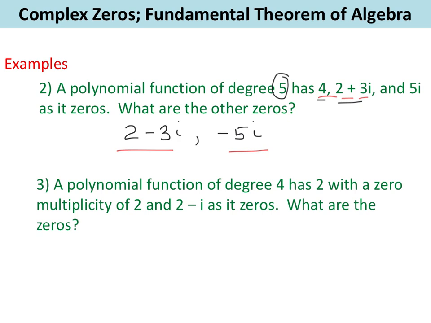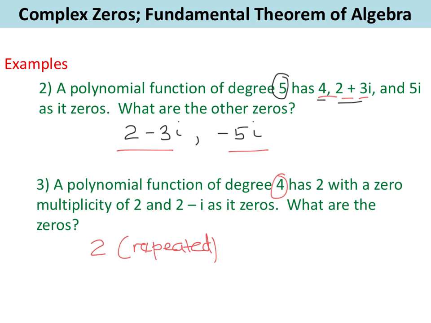Let's look at another example. A polynomial function of degree 4 has 2 as a zero with a multiplicity of 2, and we are given 2i as its zero. What are the other zeros? So we have 2, and this is repeated because it has a multiplicity of 2. We want to make sure we have 4 roots.